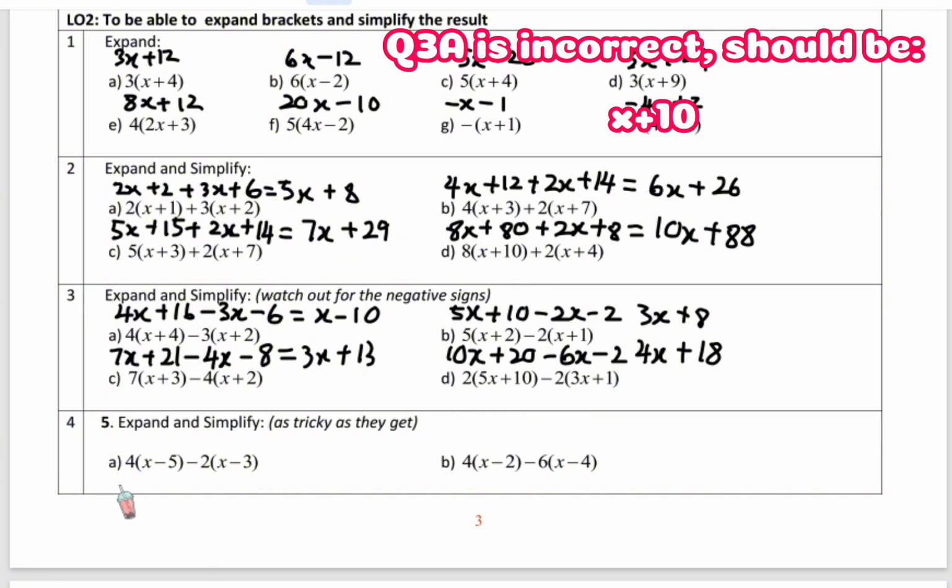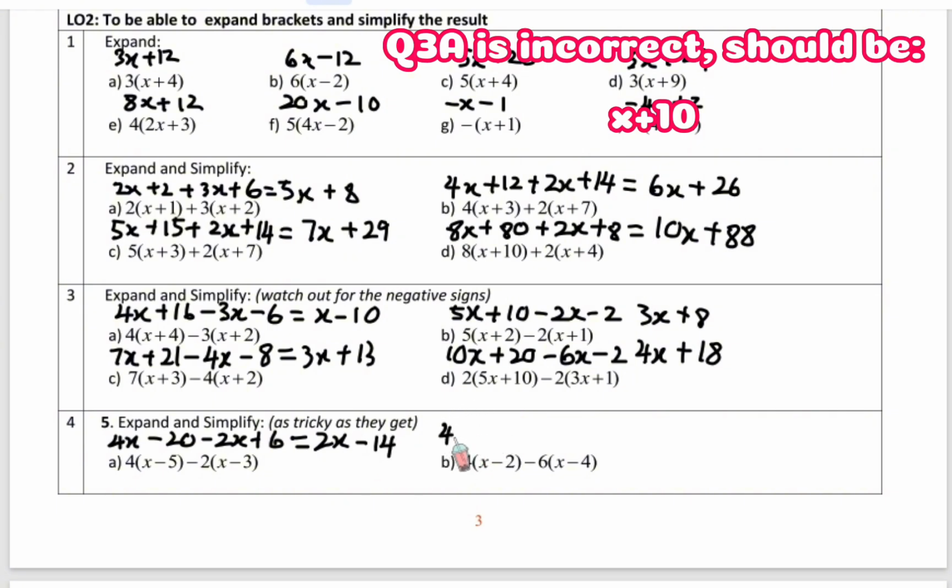Question 4. 4x minus 20 minus 2x plus 6. So this will be 2x minus 14.